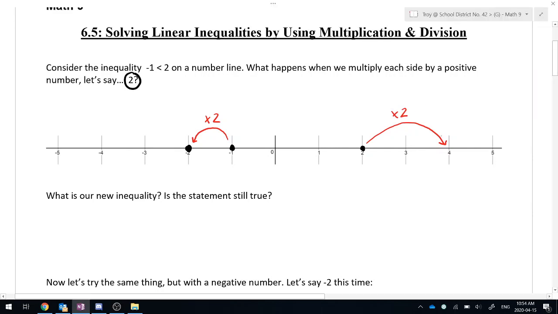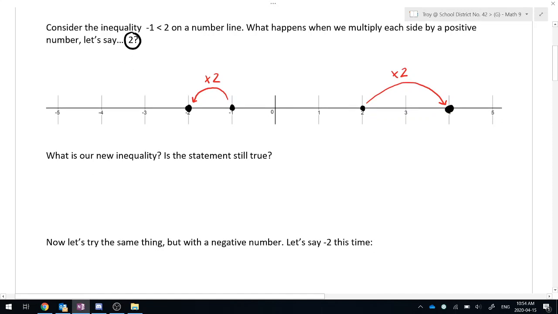And I end up over there. So our new inequality now is -2 is less than 4. And the question is, is this statement still true? And yes, it is. Of course, -2 is less than 4. So that's fine, nothing changes.